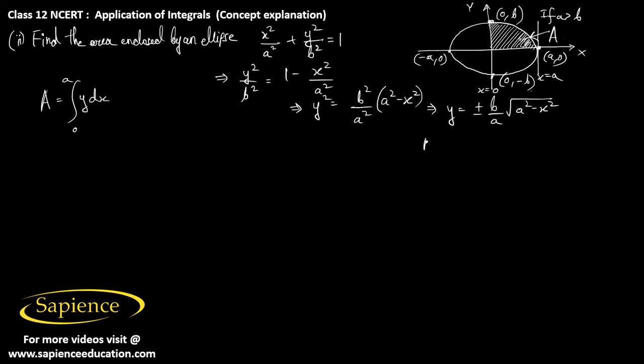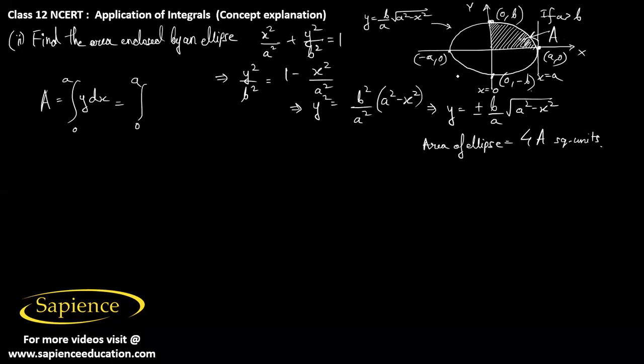And the total area enclosed by the ellipse will be equal to 4A, 4A square units. So A will be integral 0 to a y dx, which is the area of this 1/4 part of the ellipse. So here the equation of that branch which is above the x-axis will be obviously y equal to b by a square root of a square minus x square.